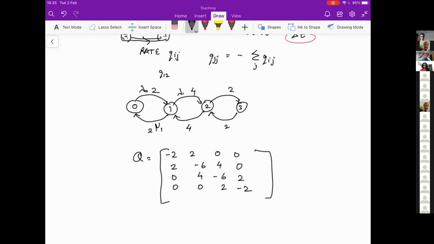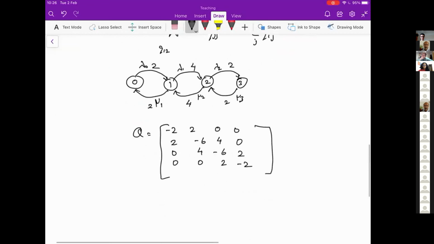This is lambda 1, lambda 2, mu 1, mu 2, mu 3. So mu 3 is the rate at which we depart state 3, and mu 2 and mu 1, and so on. And lambda is the arrival rate when we are at 0 to get into 1. So that's how the lambdas and mus come in, to get the Q matrix over here. Okay, any questions about this?